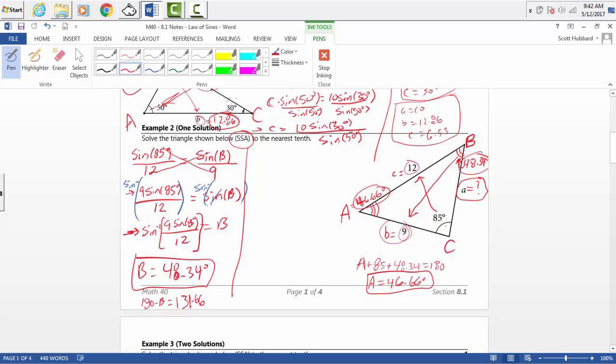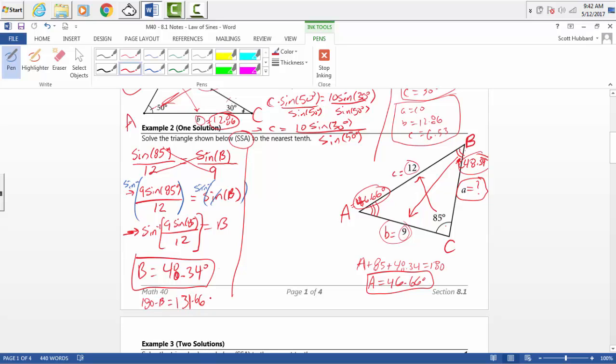Now all you have to care about is whether this is going to be bigger than 90 or not, because if it's bigger than 90, then it's going to be only one solution.